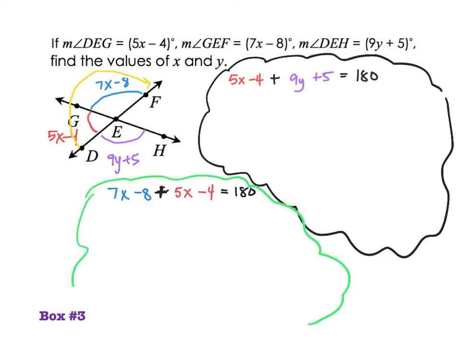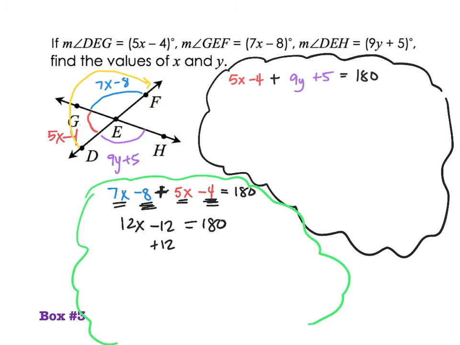Okay, and then you're probably thinking, why are you starting off with that one? Because that one only has one variable. It's the same letter. Even though it has a 7x and a 5x, it's the same letter. I can combine them. So I end up with 12x when I combine these two, minus 12 when I combine these two right here, is equal to 180.